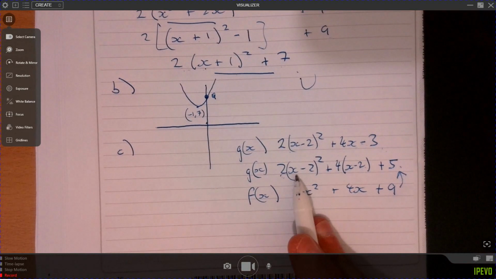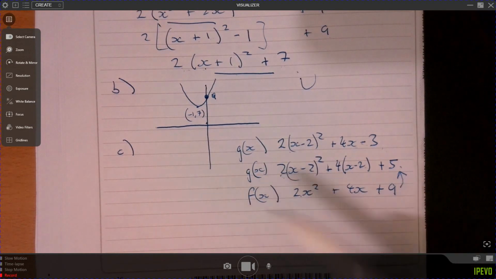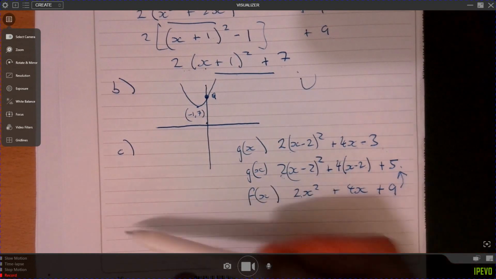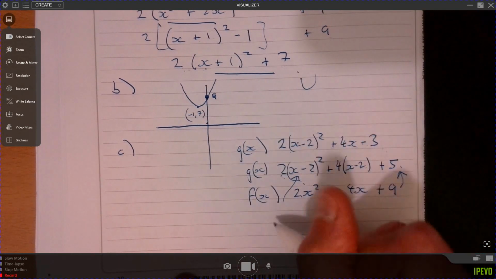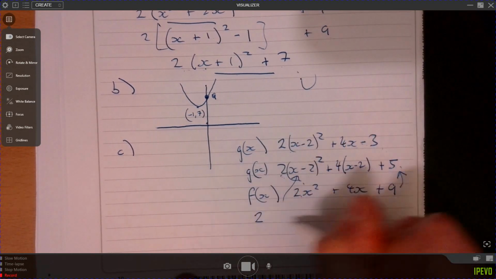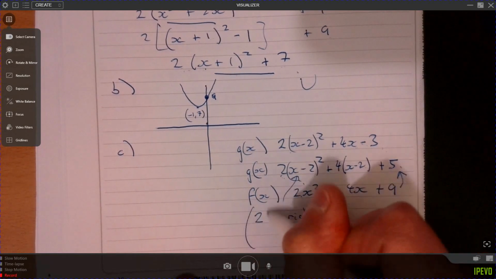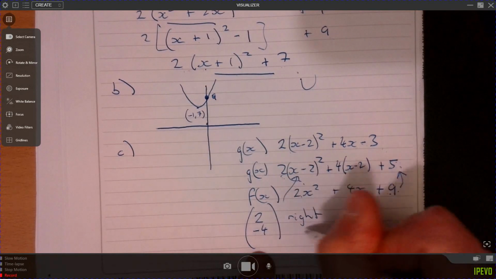Think about what difference the x minus 2 makes. It moves it the opposite way to what you initially think. It doesn't move it to the left, it moves it to the right. So that part moves it 2 places to the right, and then I want to go from 9 to 5, so in other words I'm moving it 4 down.